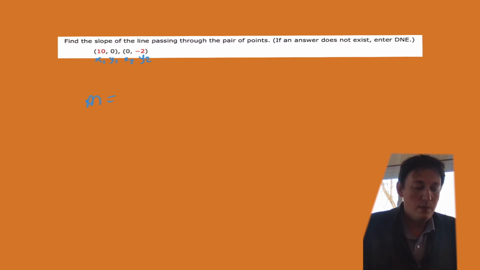The slope, as we mentioned before, was y2 minus y1 over x2 minus x1. So our y2 value, notice, is here, that's -2. Minus comes from the formula. Y1 value, which is 0, divided by x2, which is 0, minus x1, which is 10.